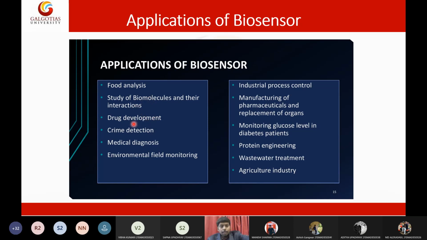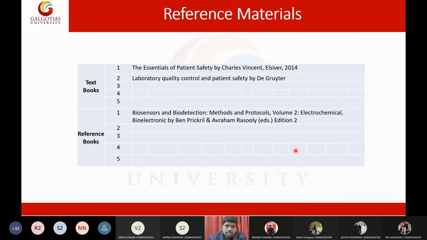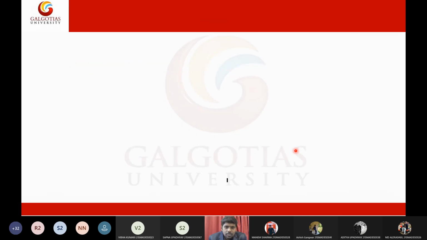They can be used for crime detection, for medical diagnosis, for environmental monitoring, field monitoring, for industrial control, in manufacturing of pharmaceuticals and replacement of organs, in monitoring glucose levels, for protein engineering, waste water treatment, and the agricultural industry. So there are many applications of biosensors. So this is all about biosensors in a nutshell.